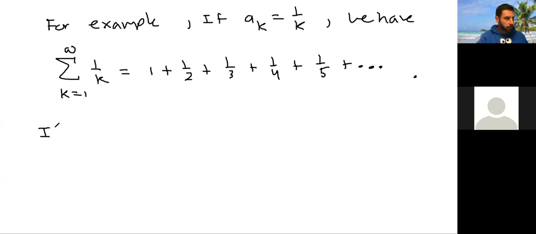If a sub k equals 1 over k factorial, you remember this guy? Let's be a little more unique. If a sub k equals, say, 1 over k factorial, what does the series look like?